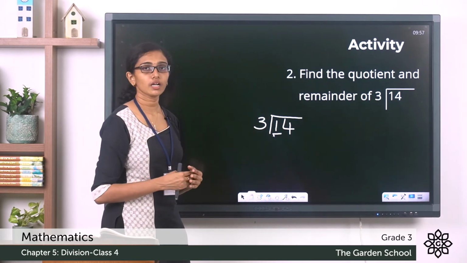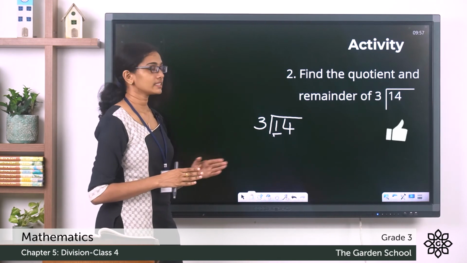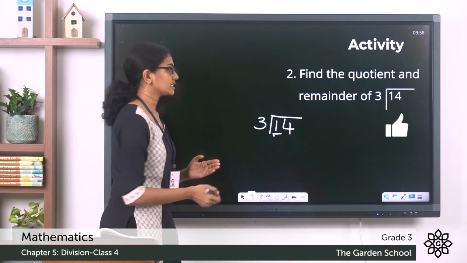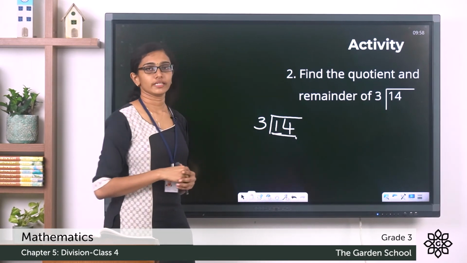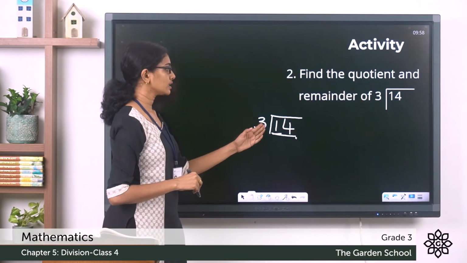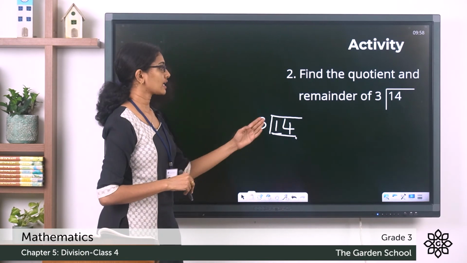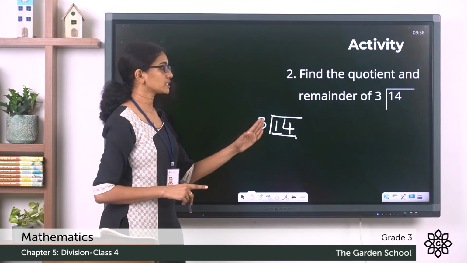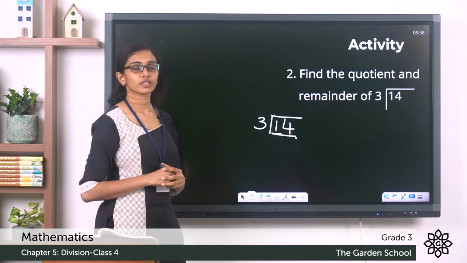Will it give 1? No. So in that case, since we cannot divide this 1 by 3, let's consider the 2 digits of the dividend. So we are considering both the digits, the tens digit and the ones digit of the dividend. So now let's divide this 14 by 3.